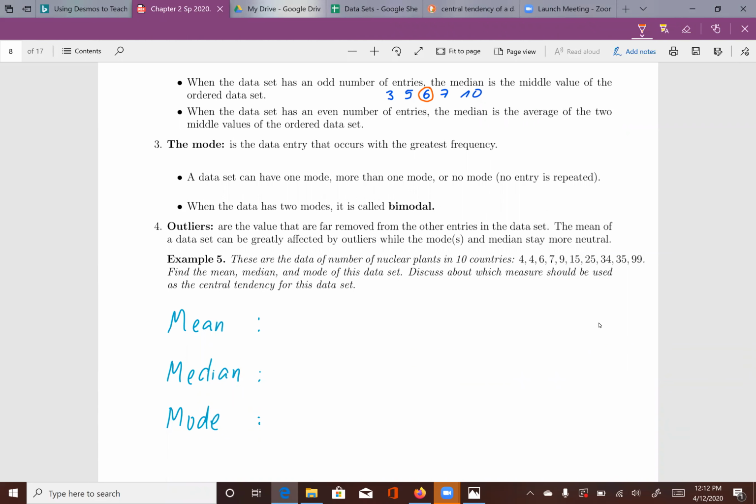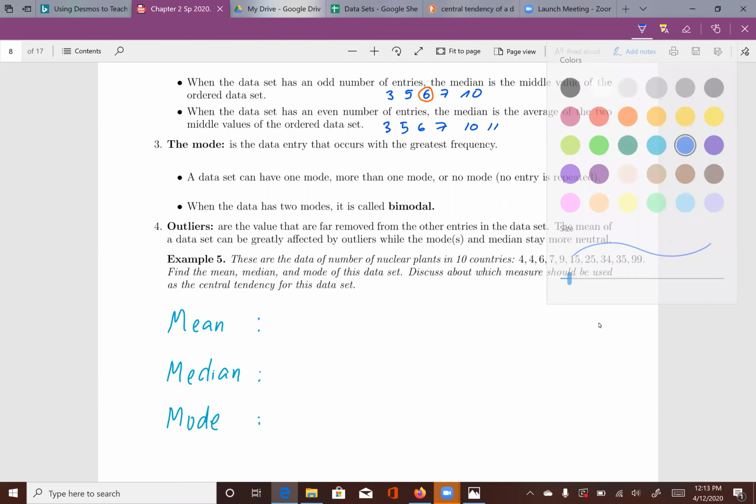Now, when your data set has an even number of entries, the median is the average of the two middle values of the ordered data set. As an example, I use the same data set, but I add another value, so I have 6 entries. It's an even number of entries, and I want to find the median of this data.